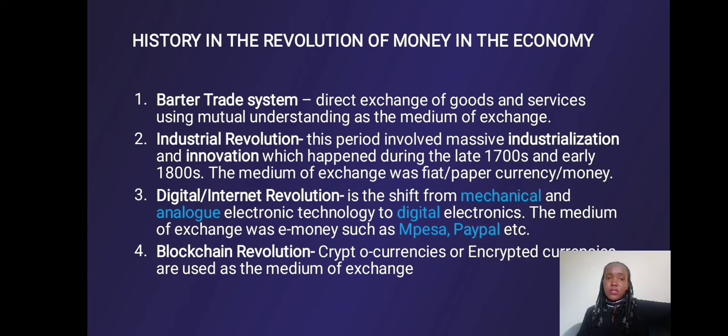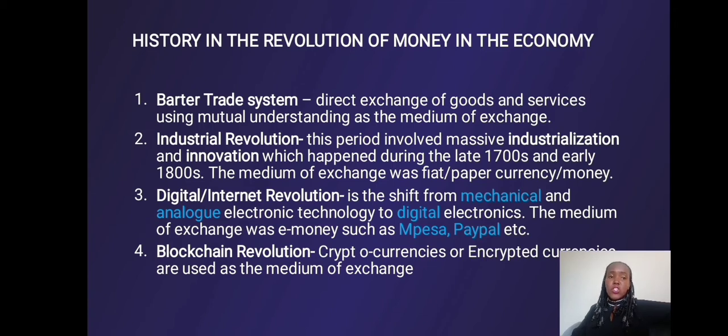For each of these revolutions to occur, there were challenges that inspired the establishment of the next revolution. When you look at the barter trade system, it became difficult to do business based on mutual understanding, especially where business had to go beyond borders.